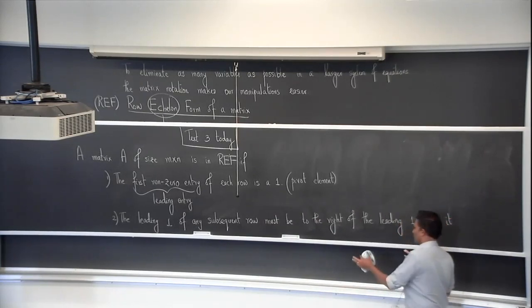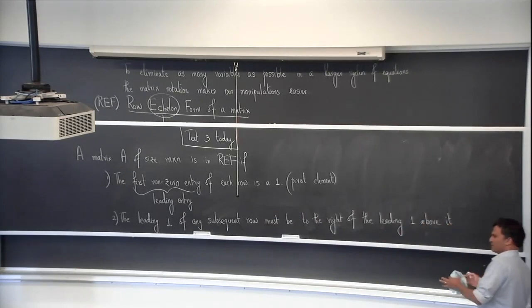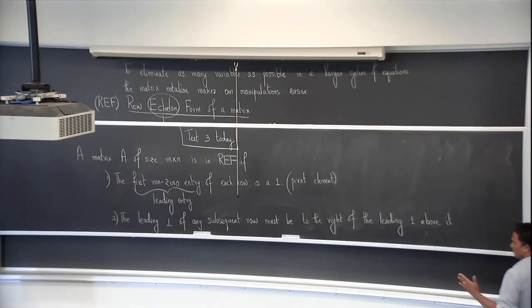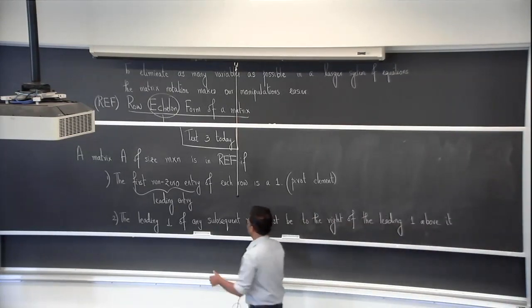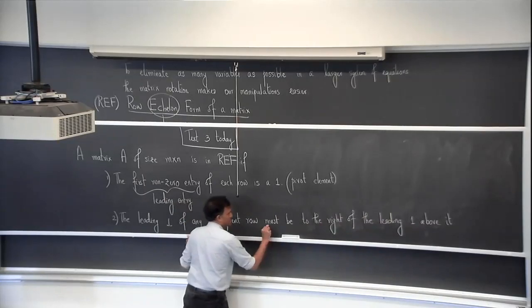That is what forms the staircase pattern. If there is a leading one in any subsequent row, which doesn't have to be, but if there is one, it has to be shifted to the right at least by one position. It can't be directly underneath. So this is a must.